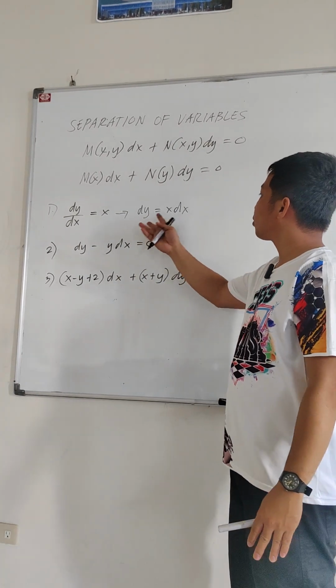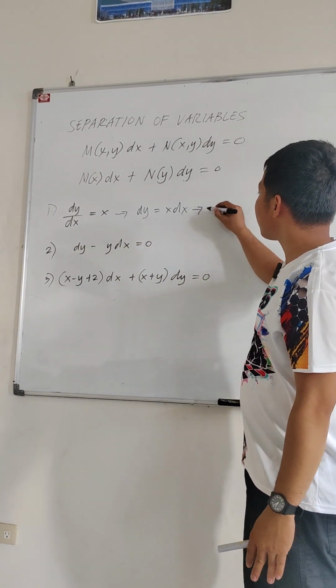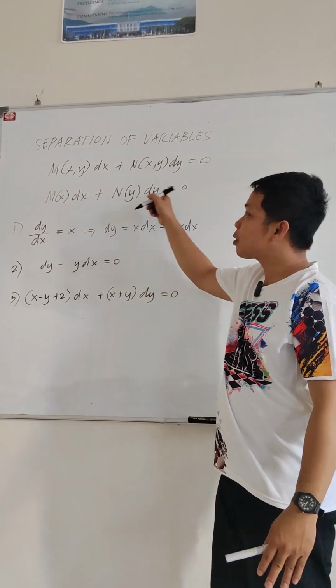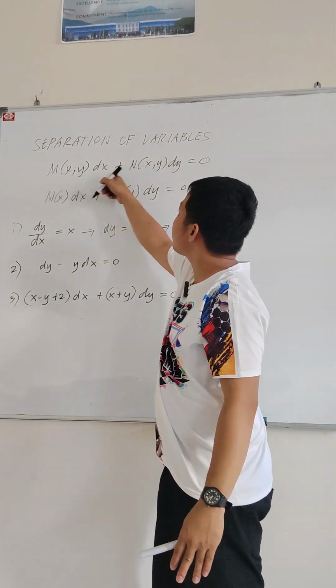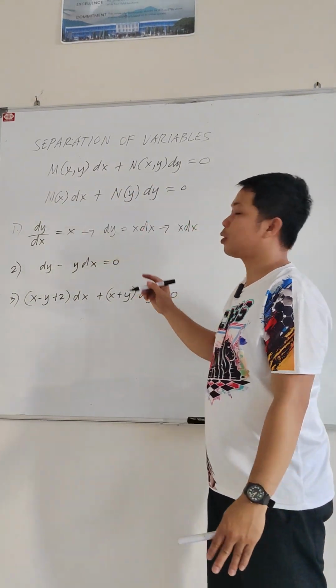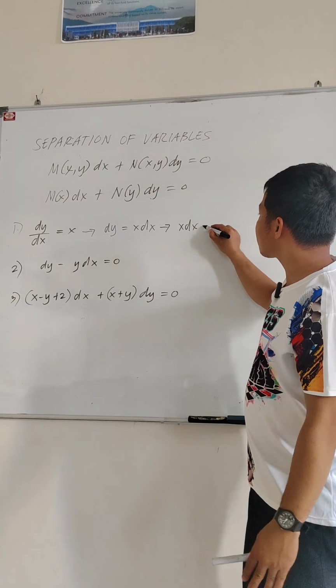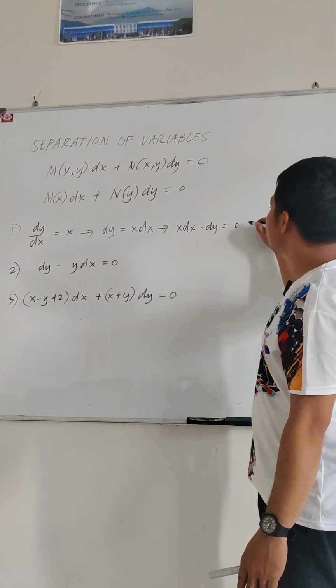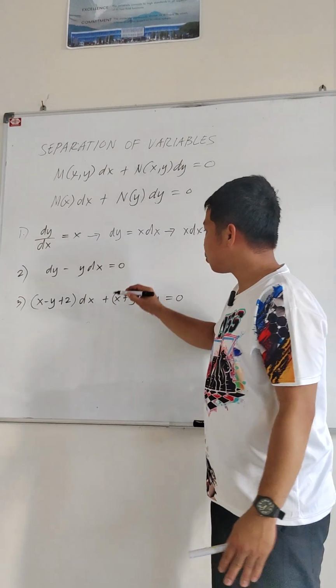Pero, itong form na to can be rewritten as x dx gamit itong form na to. Diba? Sabi ko kanina, kapag yung differential equation mo na ganito, kapag nare-write siya gamit itong form na to, therefore, separable. So, x dx minus dy is equal to 0. The same form with this one. Therefore, separable.